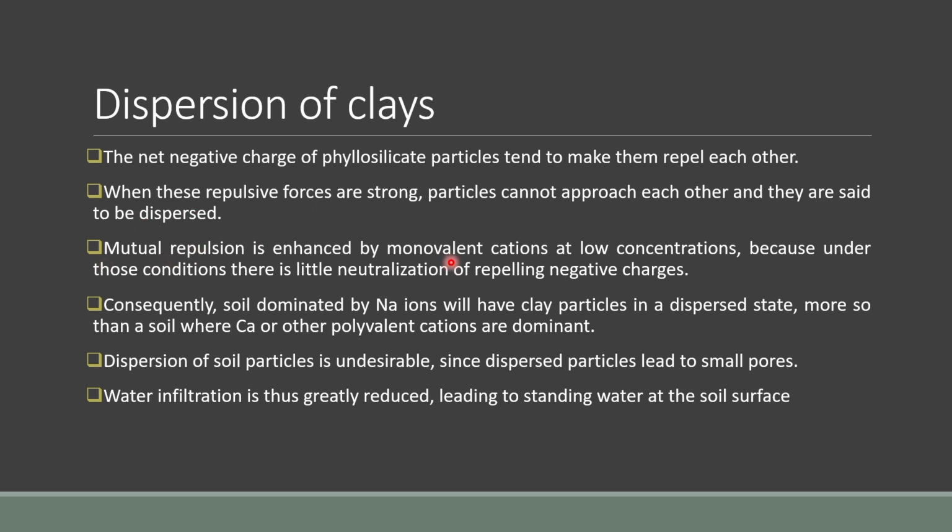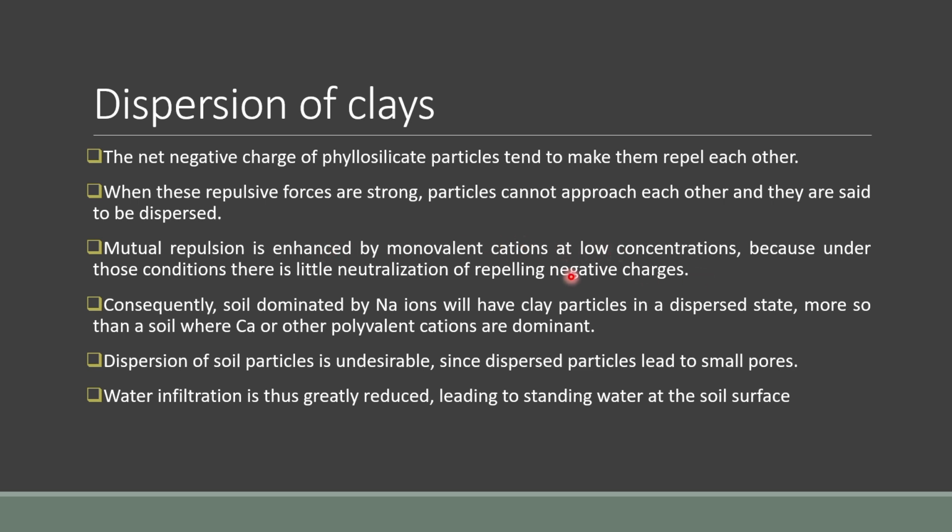Mutual repulsion is enhanced by monovalent cations at low concentration because under these conditions they have little neutralization effect on the repelling negative charges. So when the clay soil has monovalent cations like sodium, even at very low concentration, they can't neutralize these negative charges. Cation means ions having positive charge.